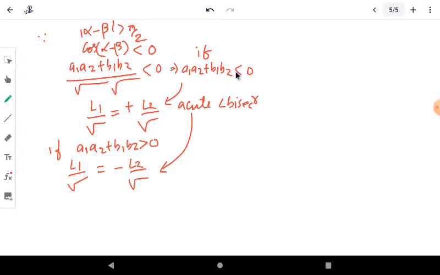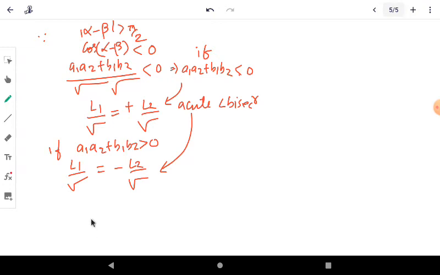So this is the shortcut, guys. If a1 a2 plus b1 b2 comes out to be negative, L1 by under root plus L2 by under root will give you the acute angle bisector, and if you replace this plus by minus sign, it will give the obtuse angle bisector. Similarly in the second case when a1 a2 plus b1 b2 is positive, minus will give acute, so plus will give the obtuse angle bisector, guys.